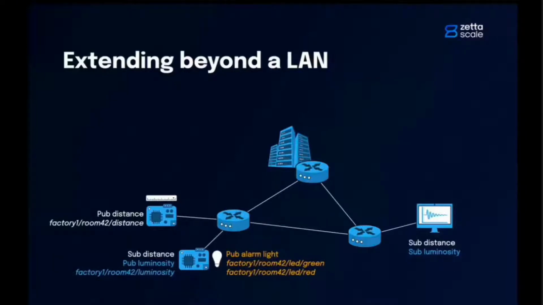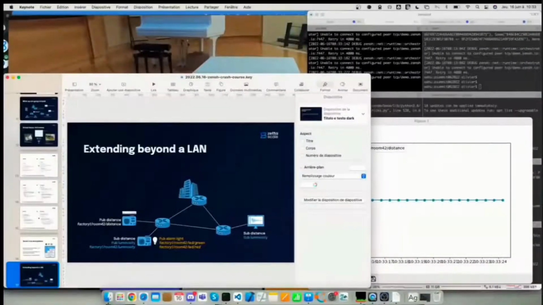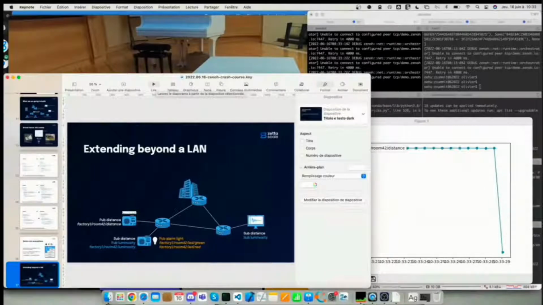And now we will see how we can deploy an infrastructure to route all this data in a wide network. All those sensors that Carlos deployed here could run and communicate peer-to-peer.